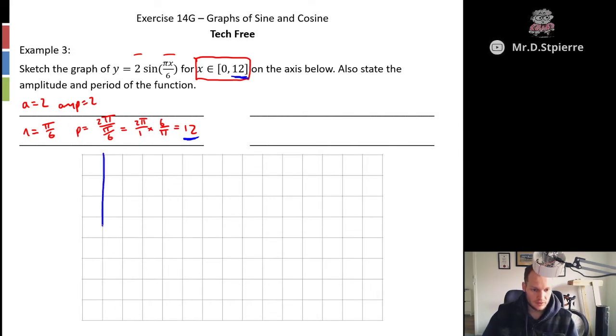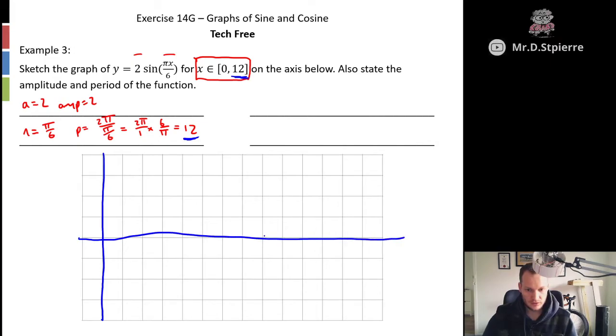So let's cross, and our period is 12, so I'm just going to use 12 blocks as my period.